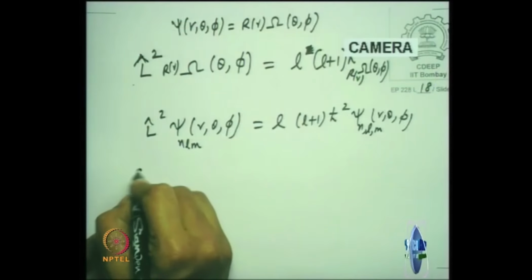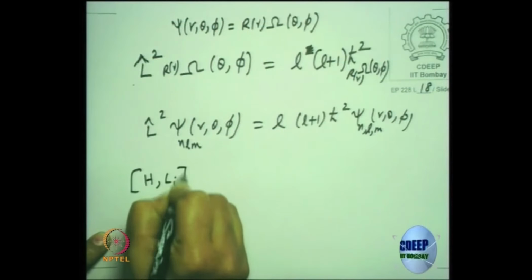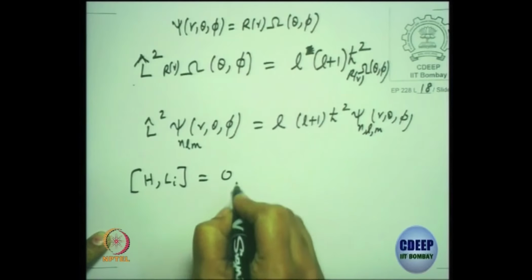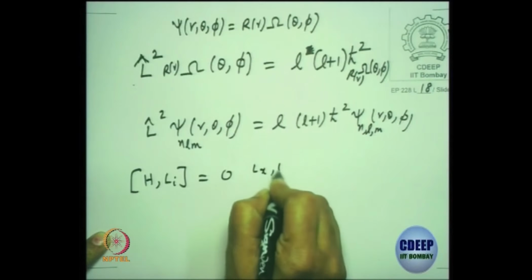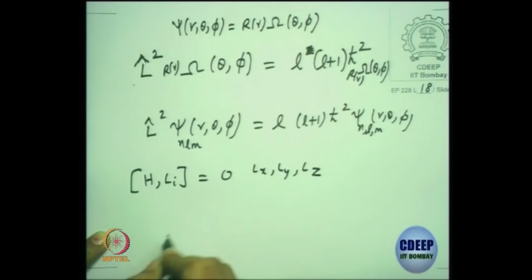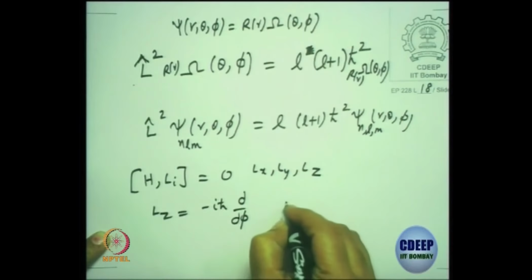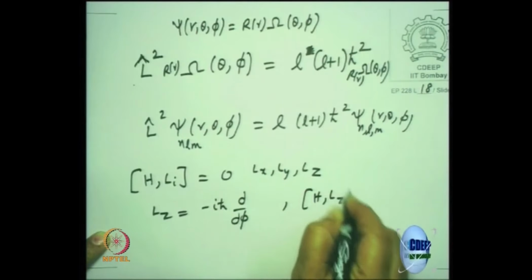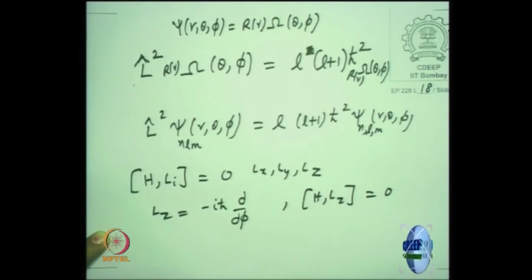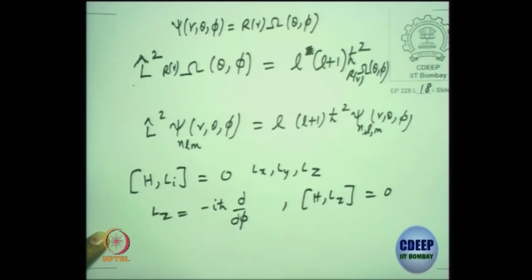So I said that the Hamiltonian commutes with Li, where Li could be Lx, Ly, Lz, but for convenience the Lz operator was minus iħ ∂/∂φ, and we found that the commutator of H and Lz is 0. This is fine.